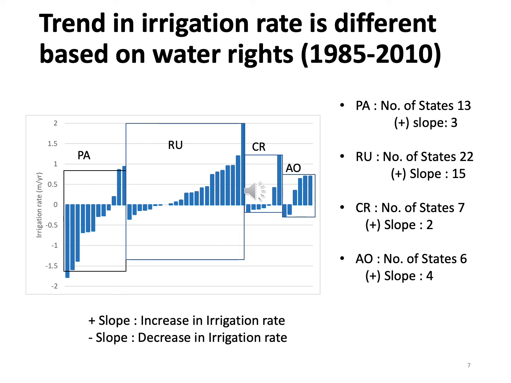For CR, which means correlative rights, 2 states out of 7 are showing an increase in irrigation rate. And for absolute ownership, 4 out of 6 have also increased their irrigation rate for the last couple of years. That means the irrigation rate has changed over the years for most of the water rights.